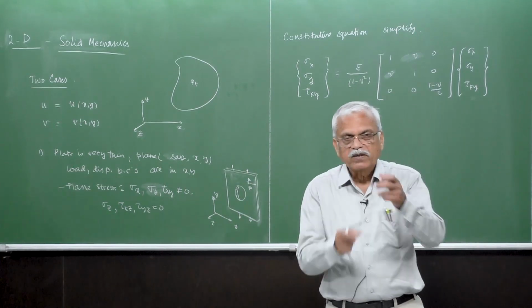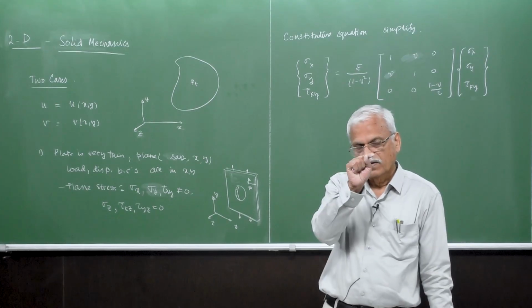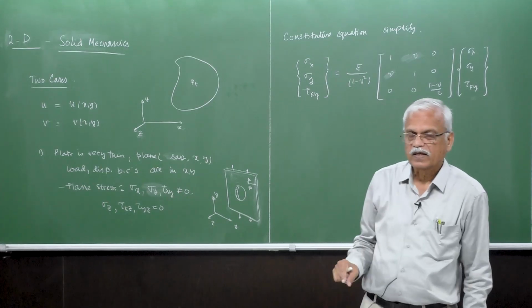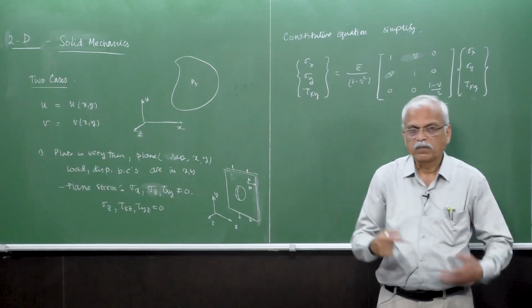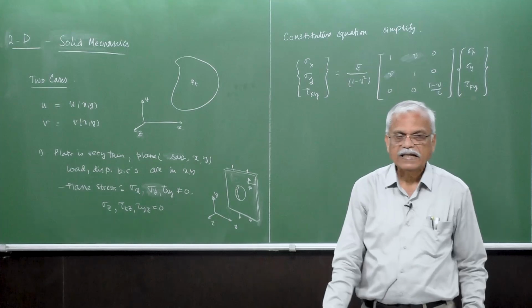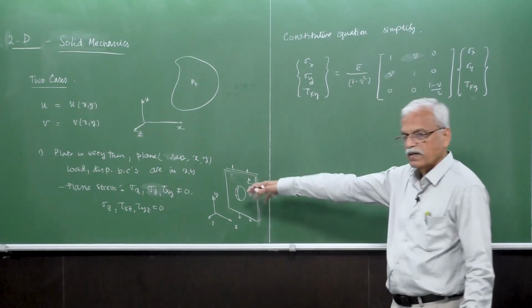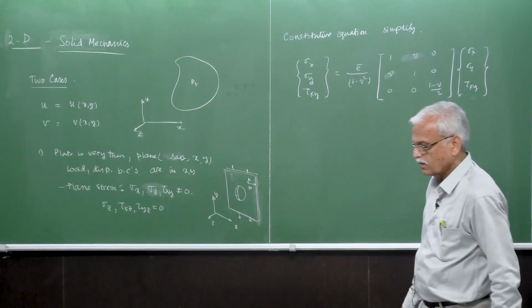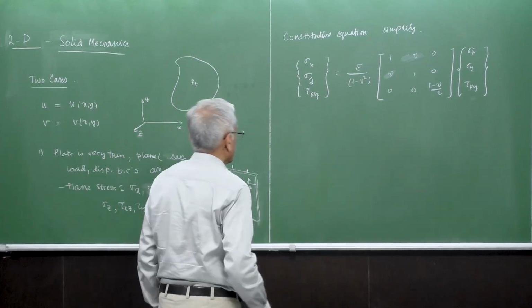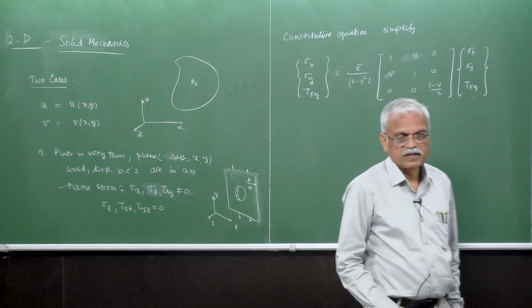In between, we assume that it is also zero, because the plate is very thin from one side to the other. So there cannot be much buildup of sigma z. That is why it is an assumption that sigma z is zero in the plate, but for thin plates, it is a valid assumption. This is the relationship between stresses and strains.